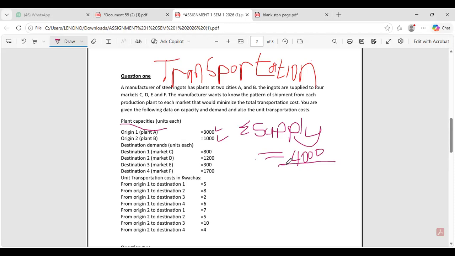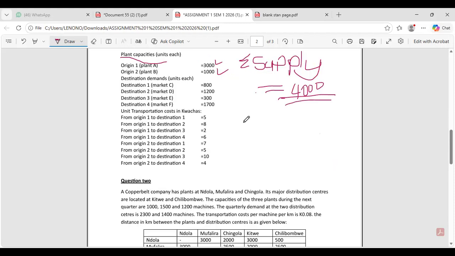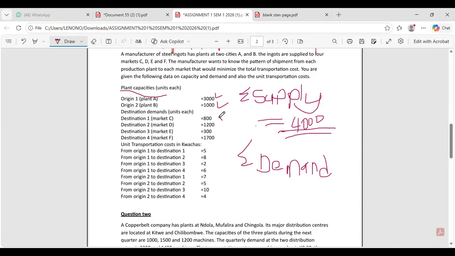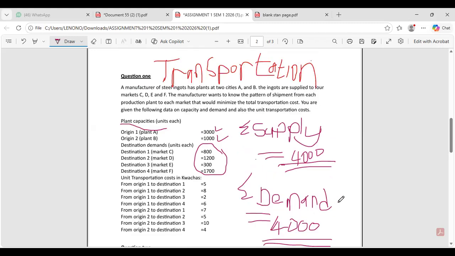Then the summation of demand is the addition of all these ones, which is also giving us 4,000. All right, meaning that the table is balanced.